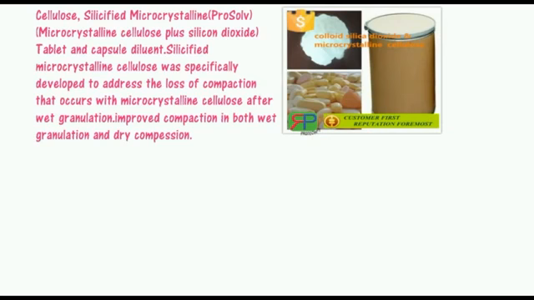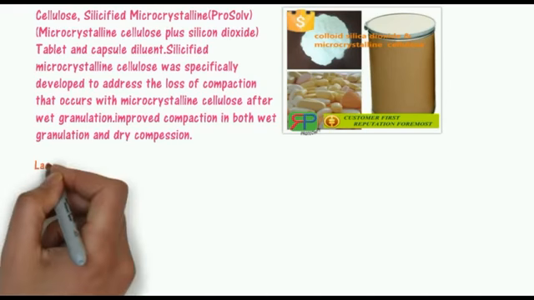This is the colloidal silicon dioxide and microcrystalline cellulose. This is the cardboard drum, and this is the powder, and these are the tablets and capsules, which are actually the final dosage form.